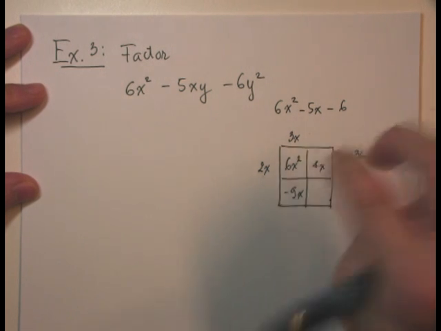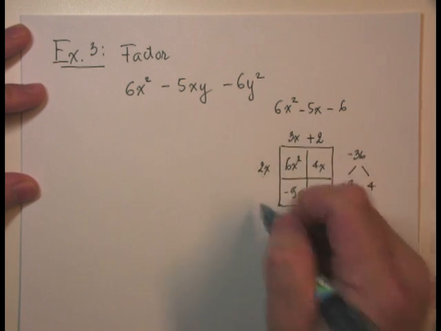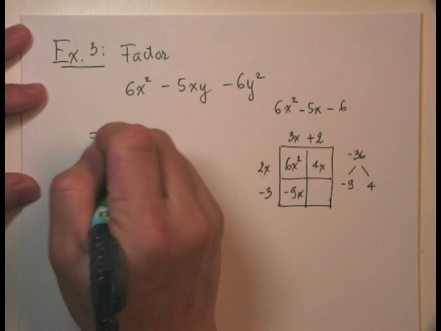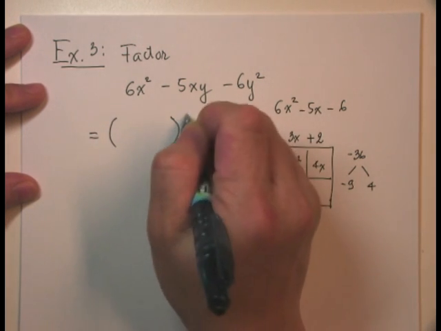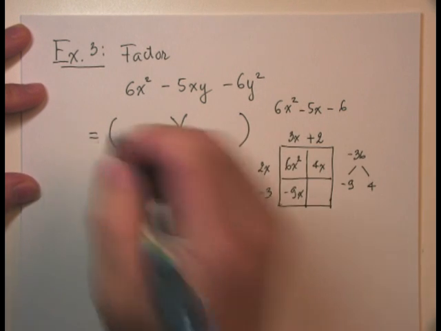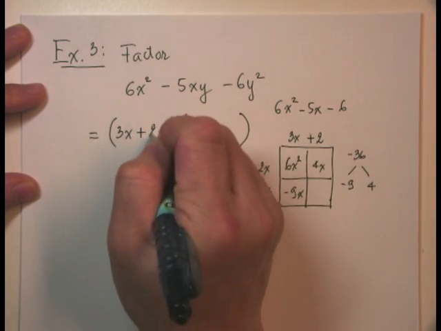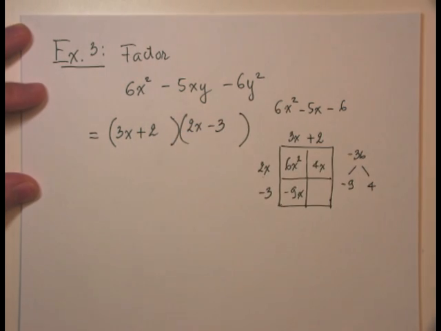And here's how I can fill in the rest of them. Here I'm going to need plus 2, and here I'm going to need minus 3. So to factor my original quadratic, there must be 3x plus 2 and 2x minus 3 in my factors.